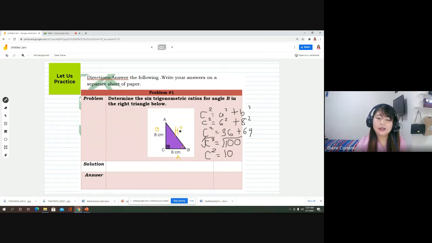Therefore, our side AB, or we can also write it as side c, small letter c, is 10. So we are now complete with the sides of the right triangle. Since we are complete, we can now answer the 6 trigonometric functions. Go on, answer the 6 trigonometric functions.